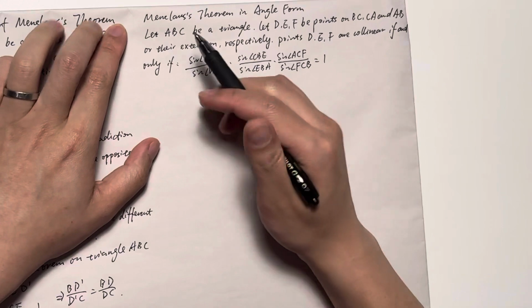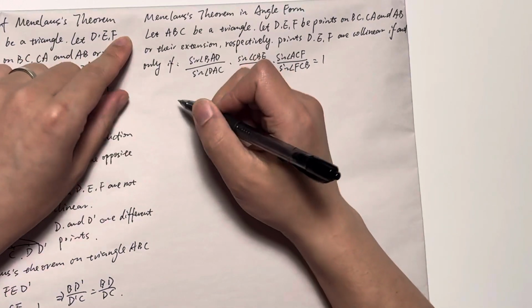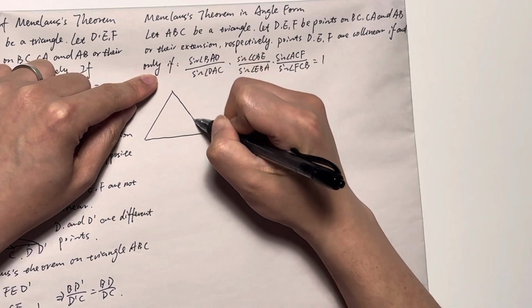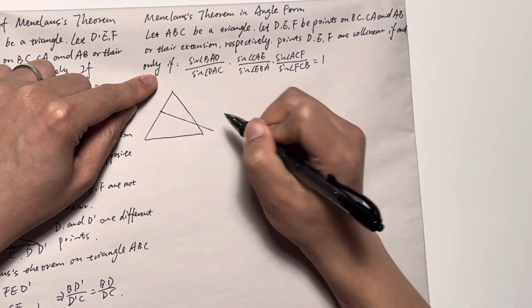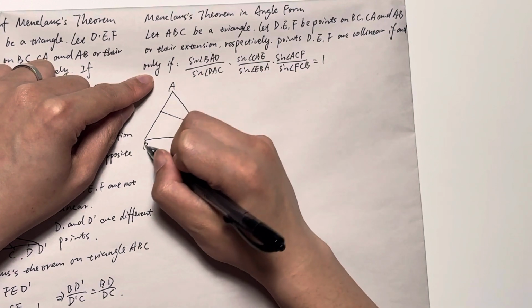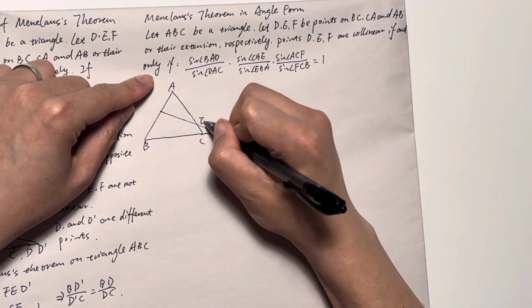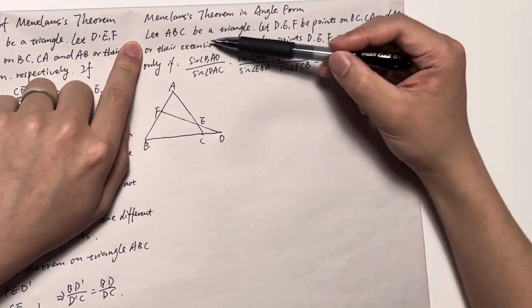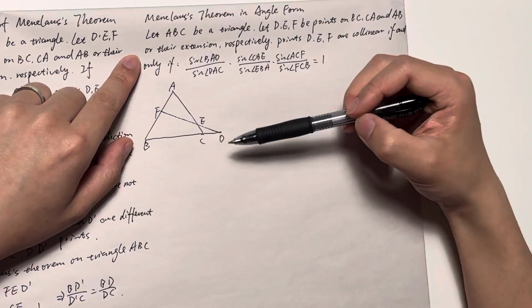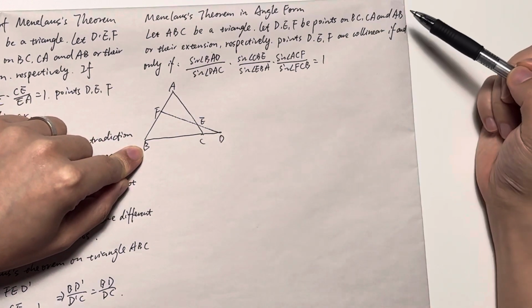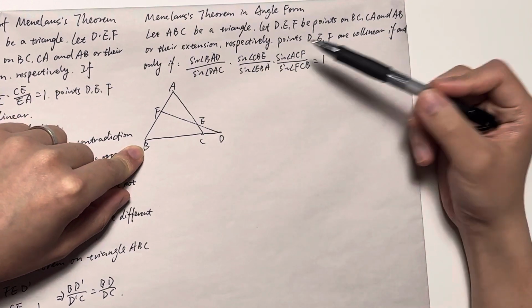Now let's see the Menelaus theorem in angle form. Let me draw the figure first. Let ABC be a triangle. Let D, E, F be points on BC, CA, AB, and all the extensions respectively.